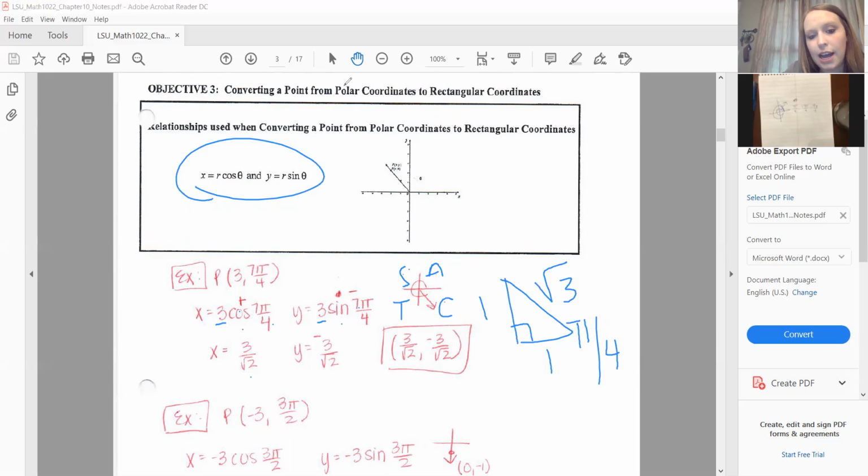This one is 3 times negative 1 over square root of 2, and I got negative 3 square root of 2 over 2. And then you just put them together. What's x and y as an ordered pair is how you're going to have to type it. 3 square root of 2 over 2, negative 3 square root of 2 over 2. So that one's not too bad.